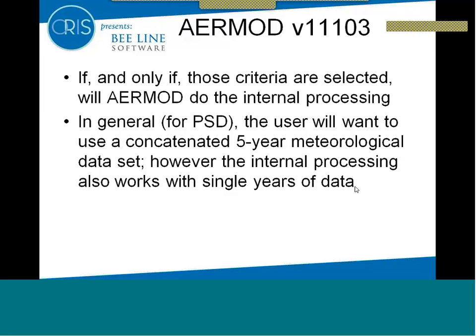Now, if you're doing this for 5 years of met data for a PSD project, which is typically what you would be doing, you probably will want to just concatenate your 5 years of met data into a single met file, and once you do that, and you'll see this in the output that I show you, the model will go in and do averaging over each of the years automatically. Now, you can use the 5 years concatenated. The internal processing routine, however, also works if you're just running a single year of met data.